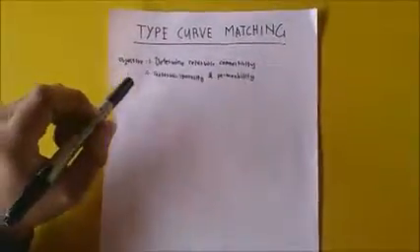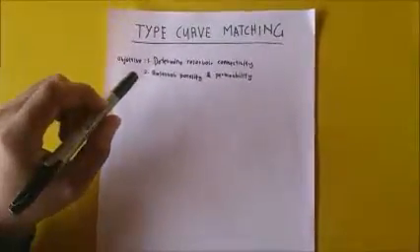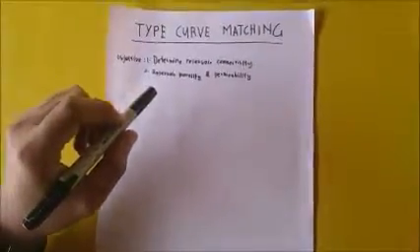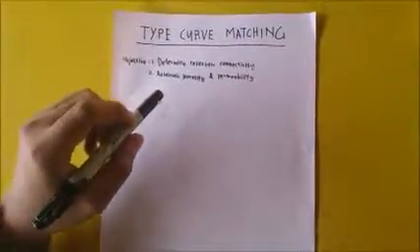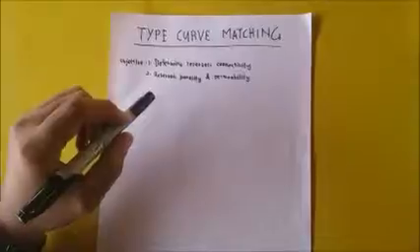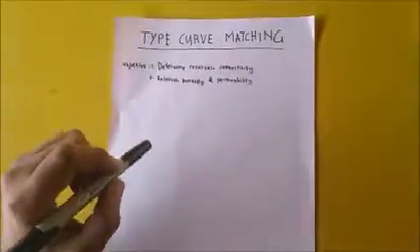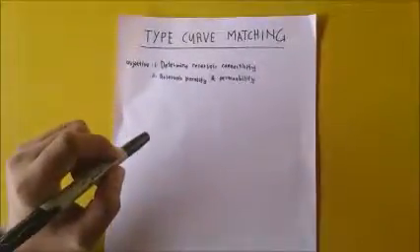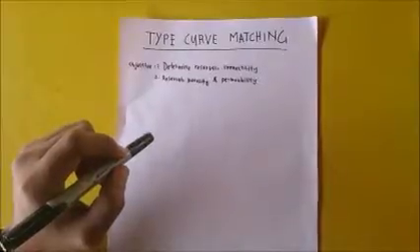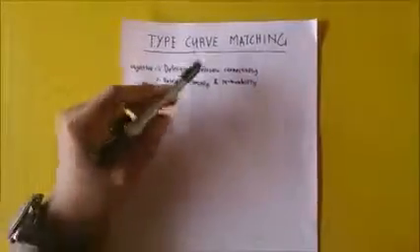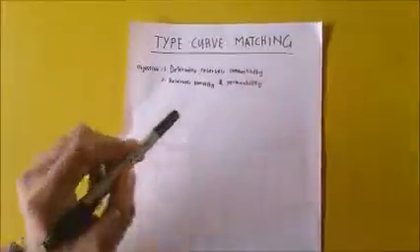Hi guys, my name is Muhammad Hamizi. I will explain to you about type curve matching that is used in interference testing. Before that, let me remind you that we use type curve matching to determine permeability and porosity.